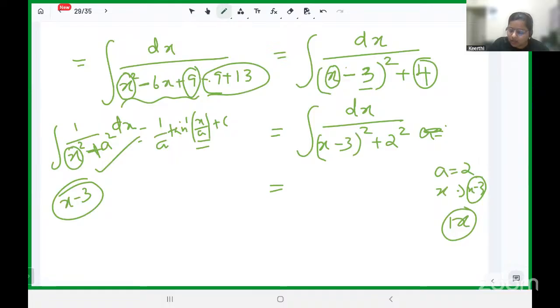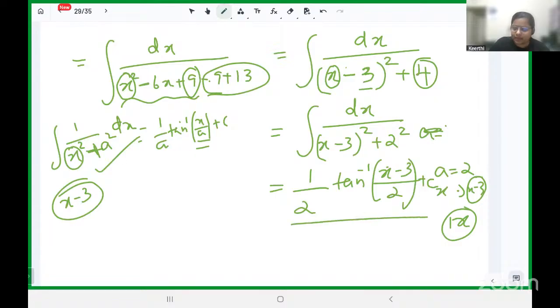So if you apply the result, it will become 1 by 2, in the place of a it is 2, 1 by 2 tan inverse of, in the place of x it is x minus 3, divided by 2, x by a, plus c. Okay, 1 by 2, whole divided by 1. This is the same as 1 by 2 tan inverse of x minus 3 divided by 2 plus c. Okay, so this is our value of that integral.